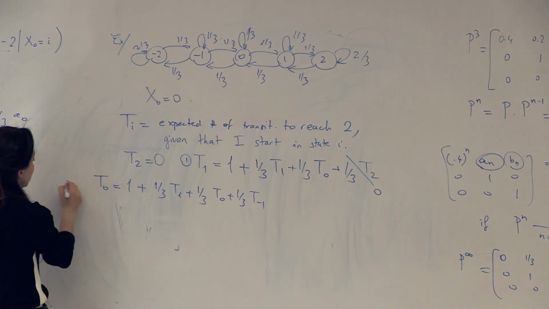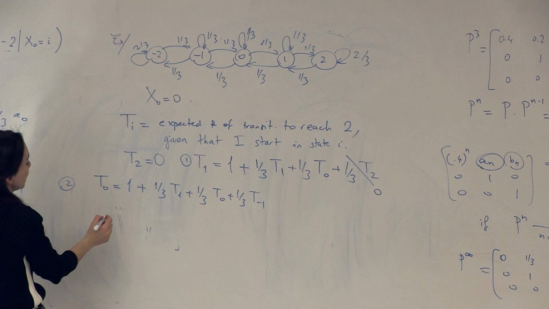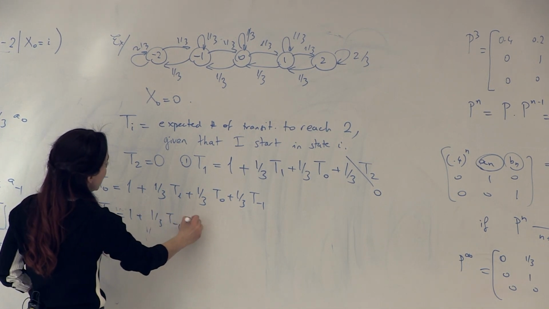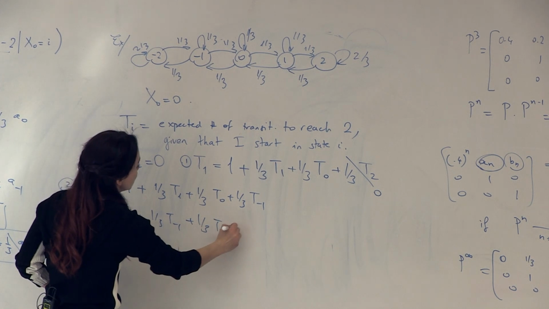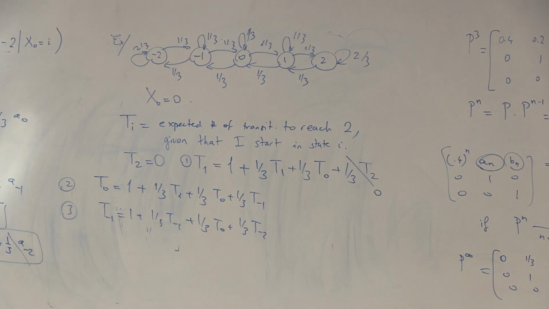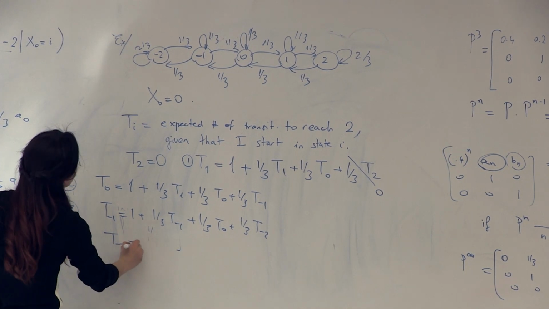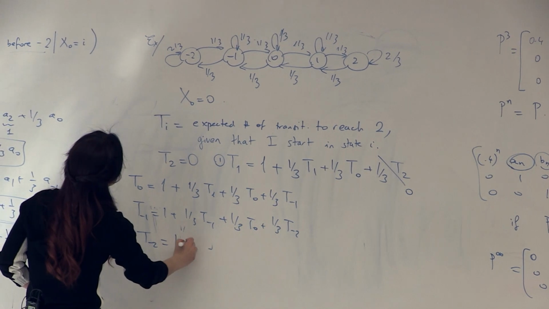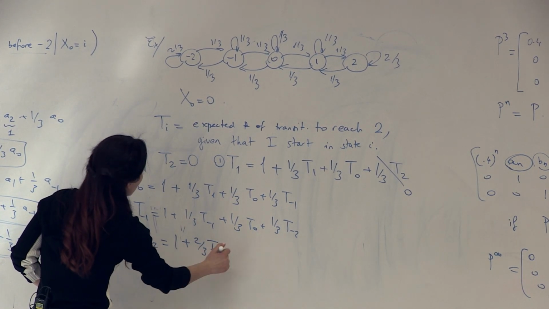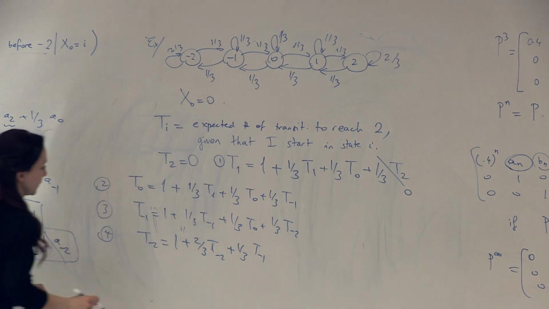That's another equation. I can write an equation for T-1 similarly: T-1 equals 1 plus 1/3 T-1 plus 1/3 T0 plus 1/3 T-2. It gives me a third equation. I can write a fourth equation: T-2 equals 1 plus 2/3 T-2 plus 1/3 T-1.